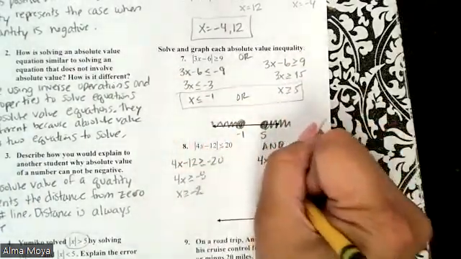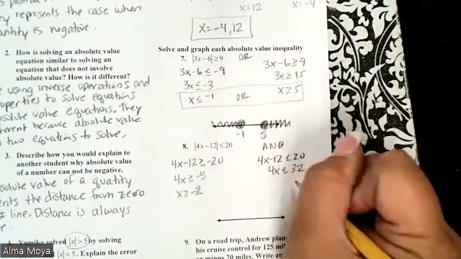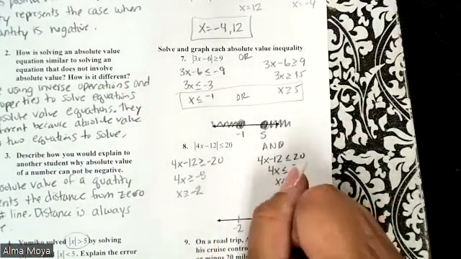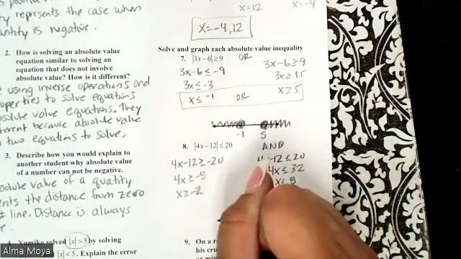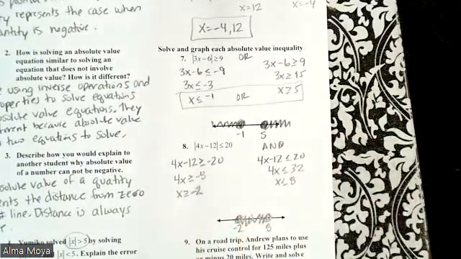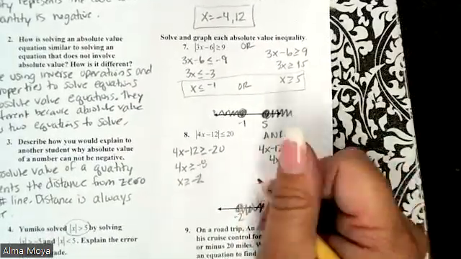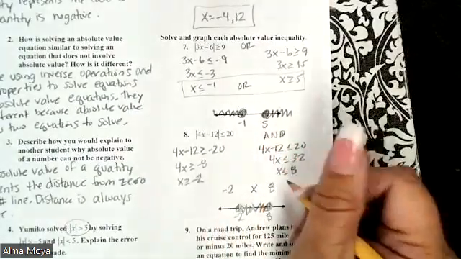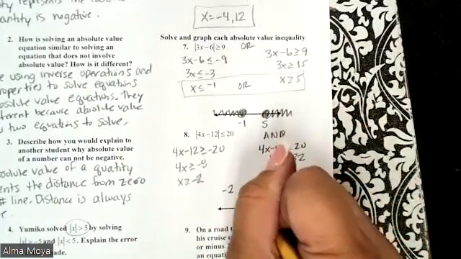Add 12. Divide by 4. That's going to give me an 8. So here's negative 2. Here's 8. They're both closed. And negative 2 is going to the right. And 8 is going to the left. I knew it was going to go towards each other. So x goes in the middle. Negative 2 goes on the left side. 8 goes on the right side. And it's going to stay that inequality symbol.